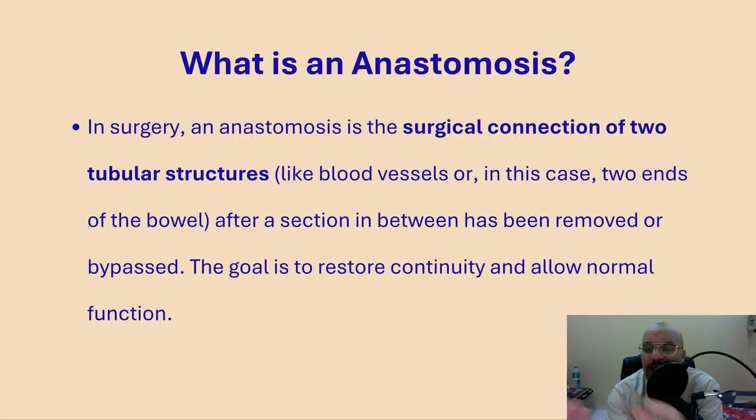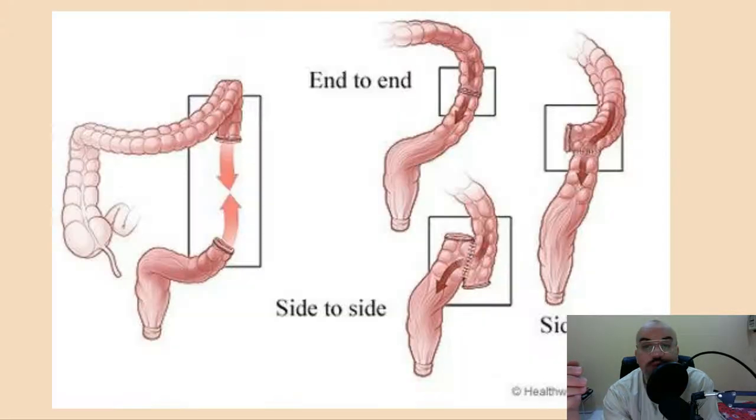Usually here they want to connect one part of the large intestine to another part of the large intestine. In this case, until they allow this to heal, they will need a colostomy on the other side to make sure this connection has time to heal and is not affected by the bacteria and the gastric solutions. So this shows how the anastomosis will happen.